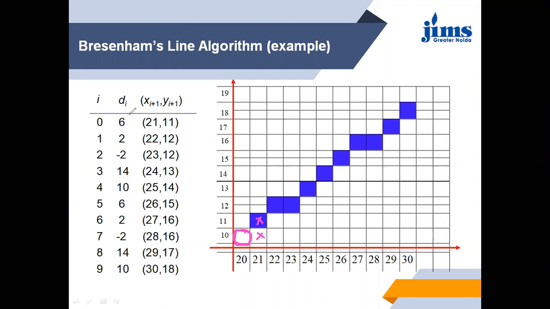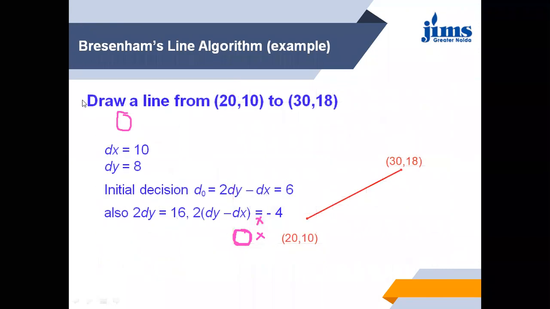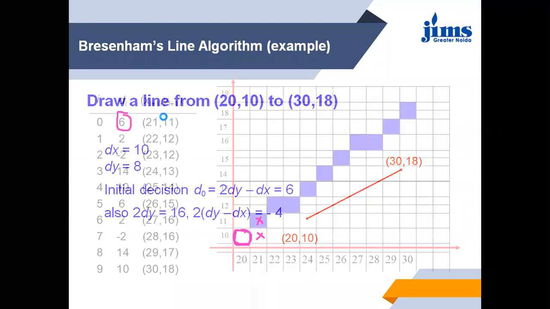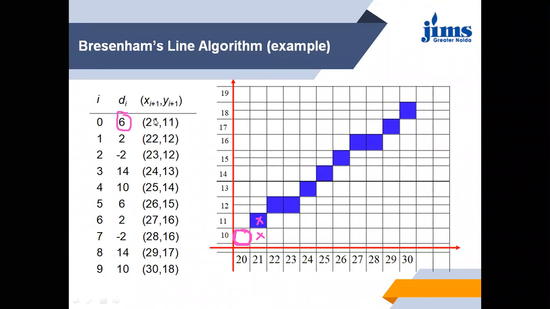We find the value of di, the decision parameter, and by using it we can find the value of the y coordinate using the formulas we discussed in the last slide.